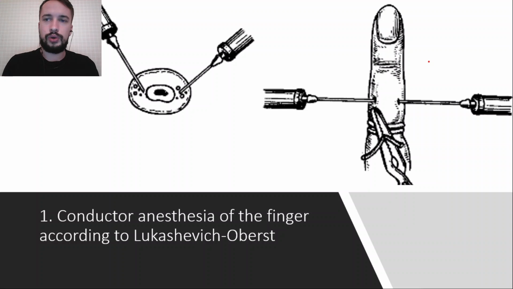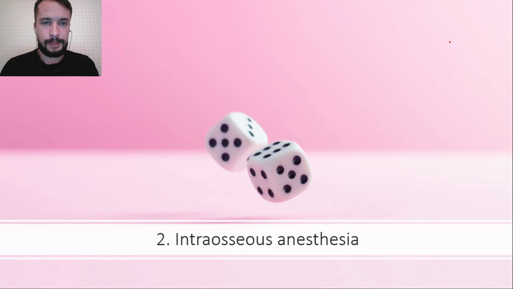You need to look in internet, or you can look at this video, to understand what this is and how we can do it and what it gives us when we do some local anesthesia. Please write in comments first answer what is this anesthesia of the finger according to Lukashevich-Oberst. The second question, it is intracellular anesthesia. What is this? I want from you.